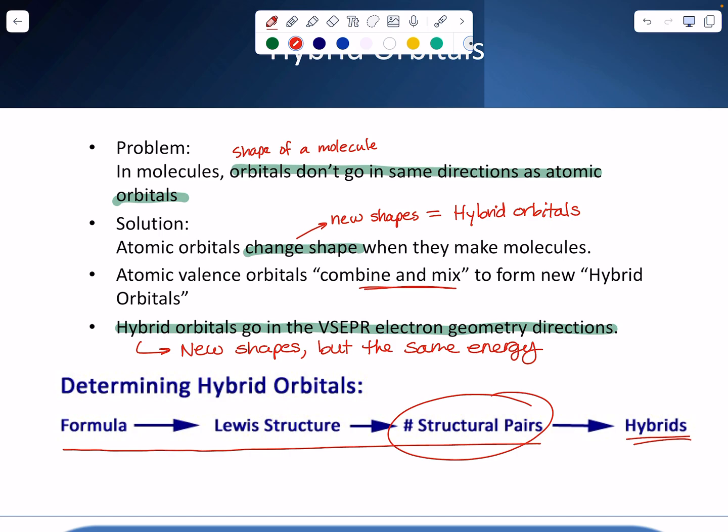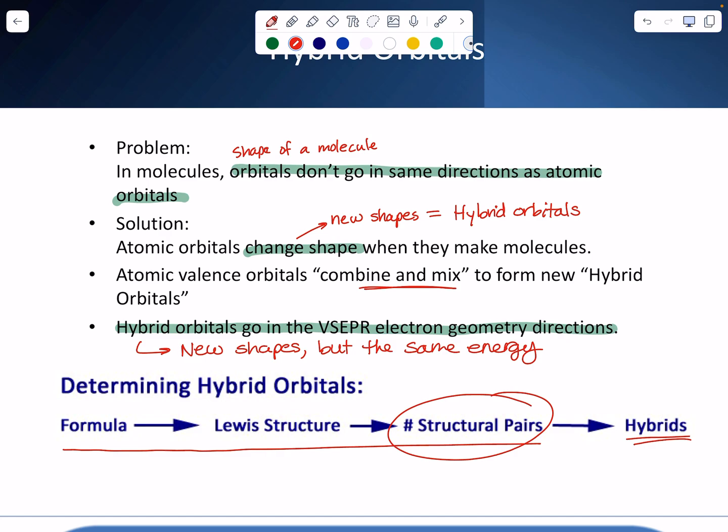It doesn't have lone pairs in it. It just has how many regions of electron density, so this includes bonding and lone pairs. It tells you what the geometry is, and then it shows you what we call the hybrid orbital and what shapes the hybrid orbitals take.